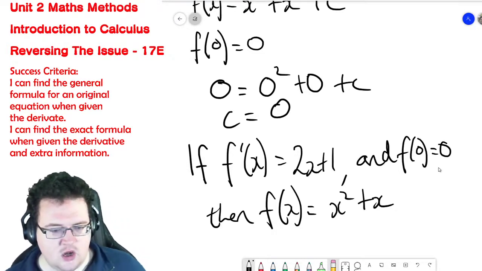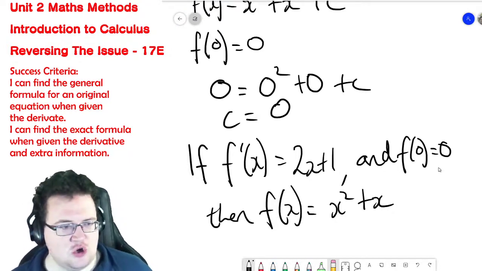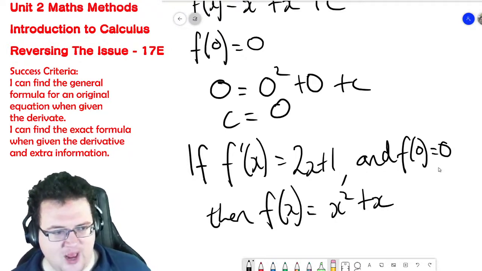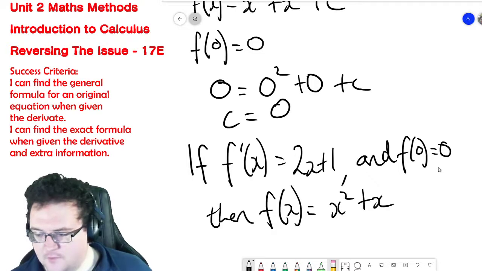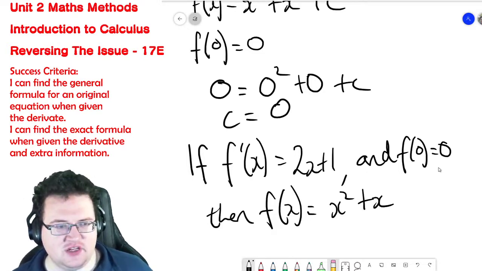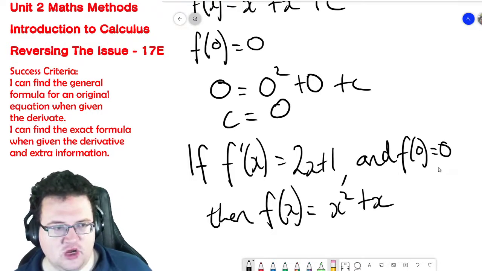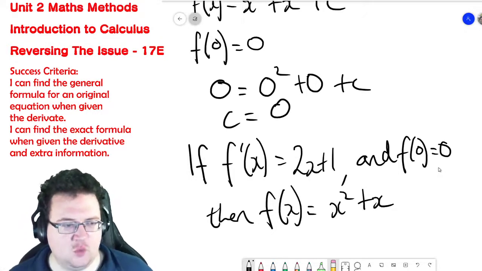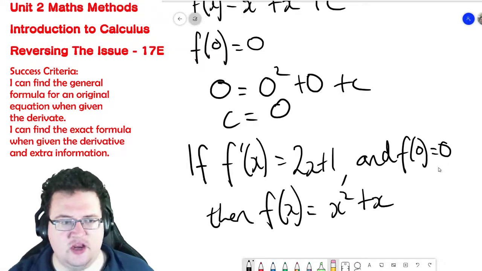Can you add those together? No, you cannot, because they do not have the same power. That's an x squared plus an x. They don't have the same power, so you cannot add them together. All right, so whenever you are anti-differentiating, the resulting thing is going to be 1 power higher than the original. Because we started with 2x plus 1, that means that my original function is going to be a squared, not a linear.